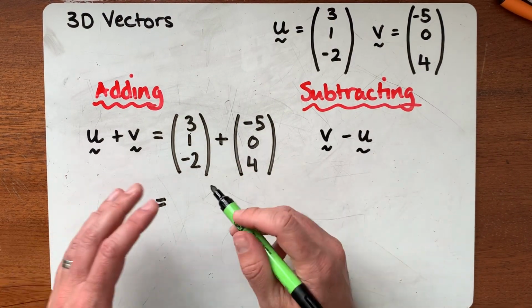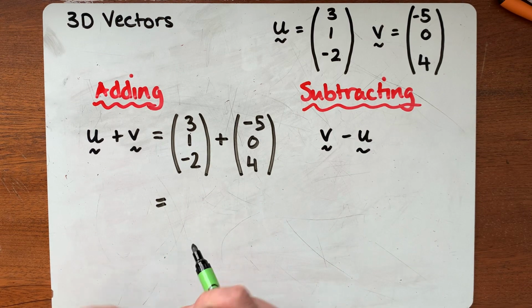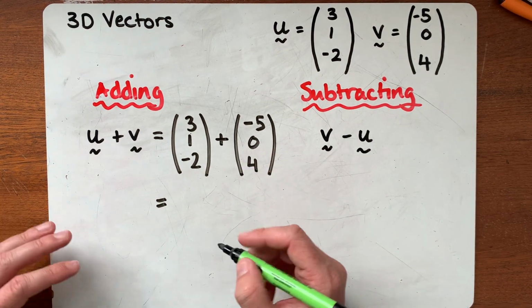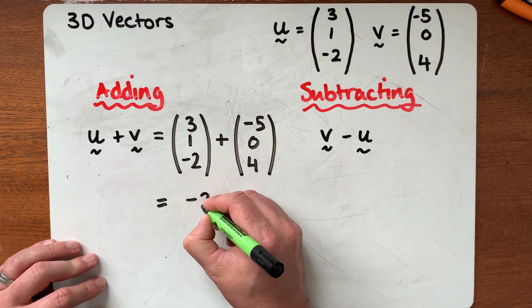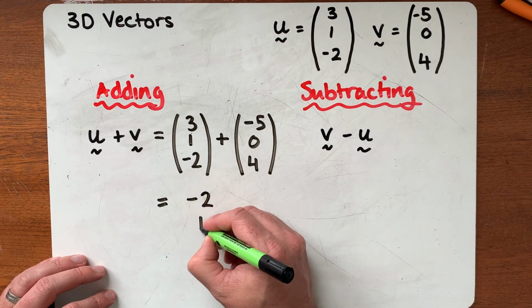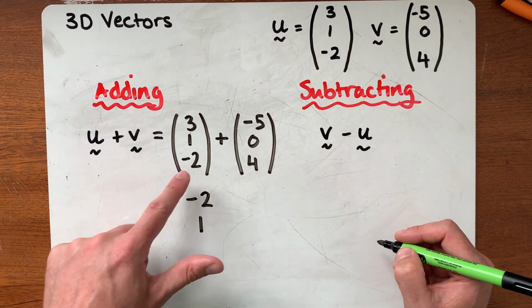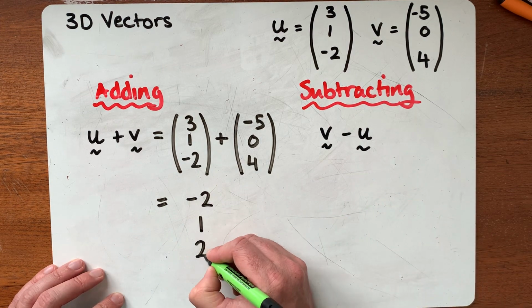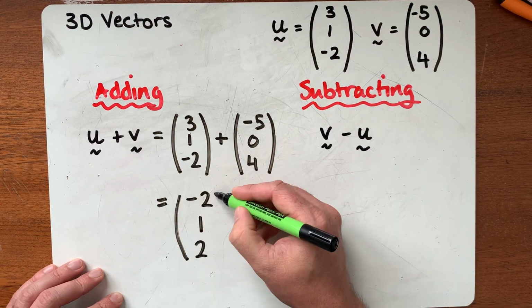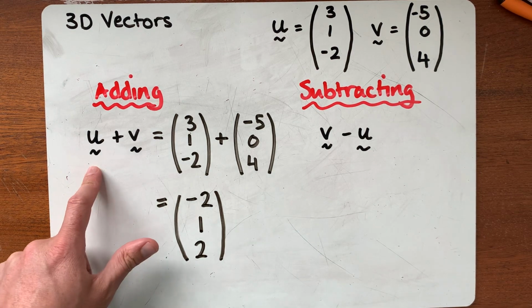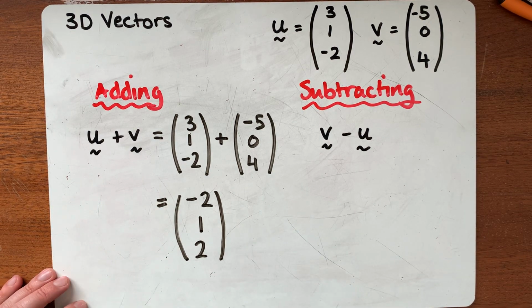We've got some negatives here, so we're going to just go through these one at a time. 3 plus negative 5, adding a negative, it's going to move us down our number line, so we end up with an x component of negative 2. 1 plus 0, nice and straightforward, still just 1. And we've got negative 2 plus 4, moving up our number line from negative 2, 4 spaces, takes us to positive 2. Simple as that. And we've got the components of the resultant vector of adding u and v together.